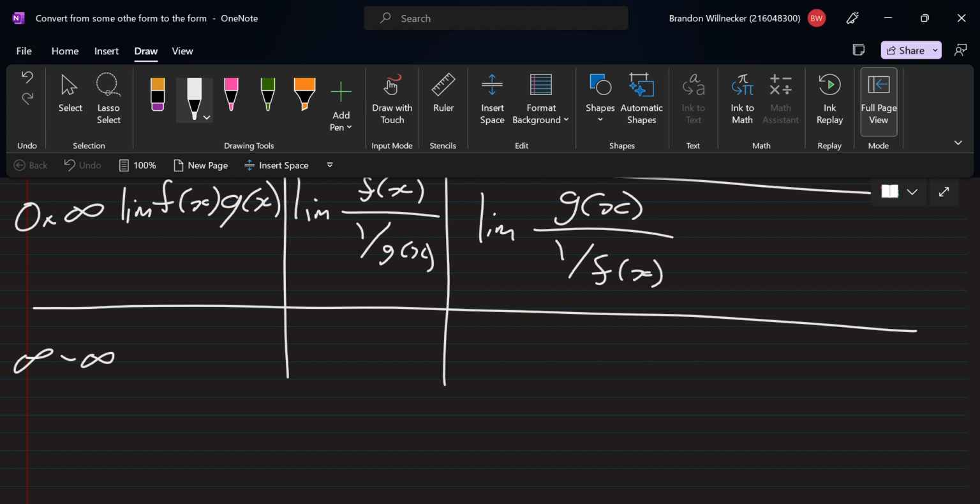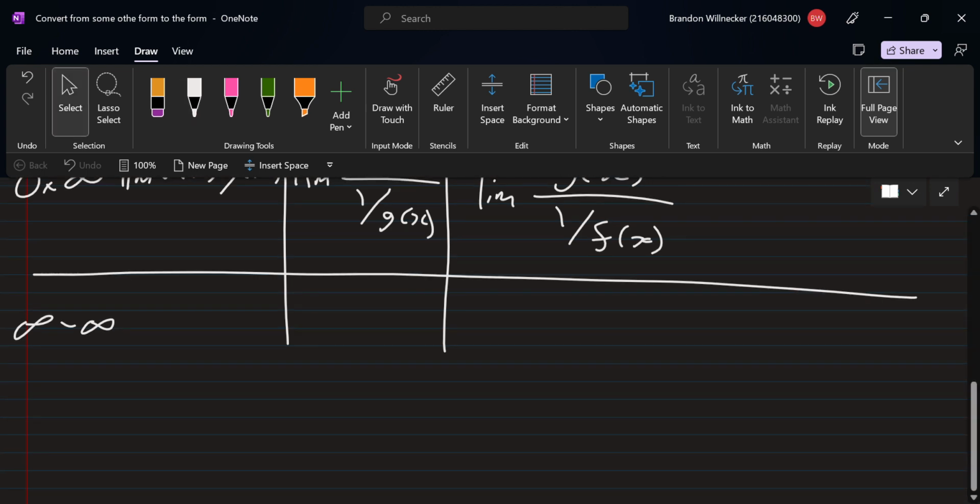How do we turn a difference into a quotient? We're going to use an exponential, because we know that e to the power of x minus y is the same thing as e to the x divided by e to the y. Is everyone comfortable with that?